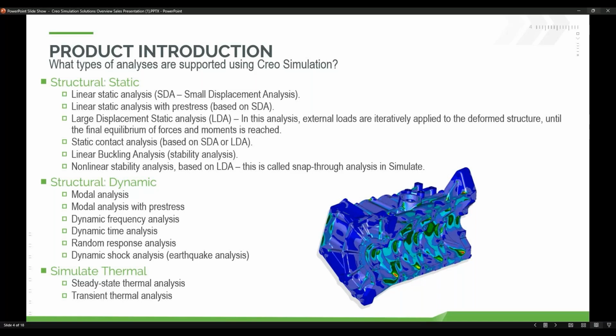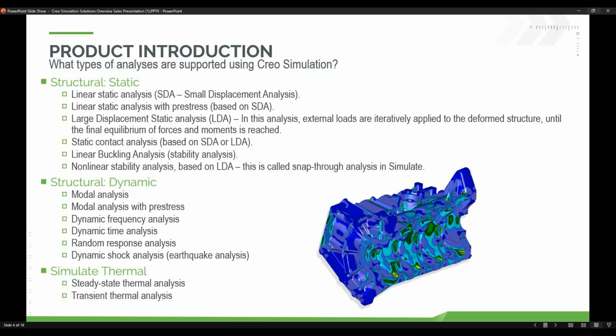So first off, we're talking about static structural here in the upper left. You can just basically do linear structural analysis, small displacements, objects moving just a very little bit because they have a pressure or something on them. We can also do pre-stress analysis. An example of a pre-stress analysis would be either adding or removing stiffness from the object you're trying to analyze.